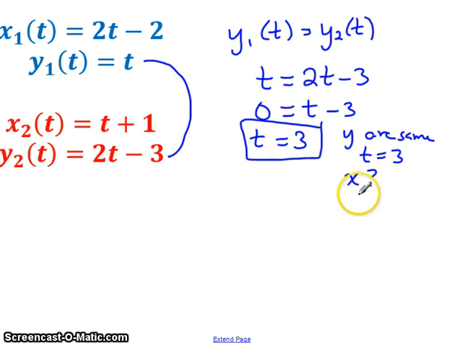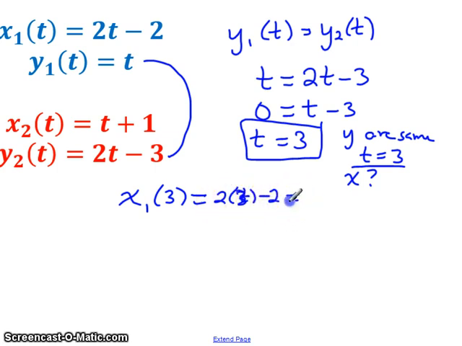Otherwise, they're not. So we're just going to take these two x expressions here and plug in t equals 3. So x1 at time 3 is going to be 2 times 3 minus 2. This is 6 minus 2, so x1 will be 4. And then we'll do the same thing with x2 at time 3. That's going to be equal to 3 plus 1, which is 4.